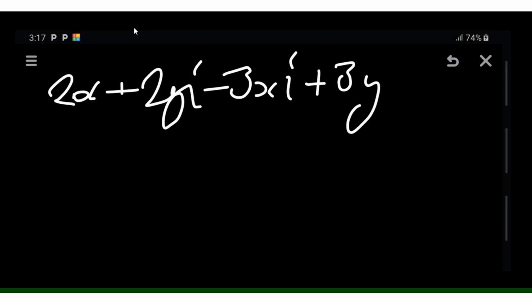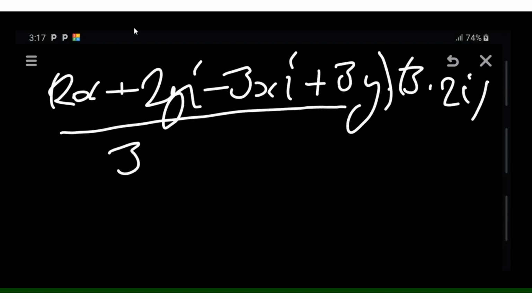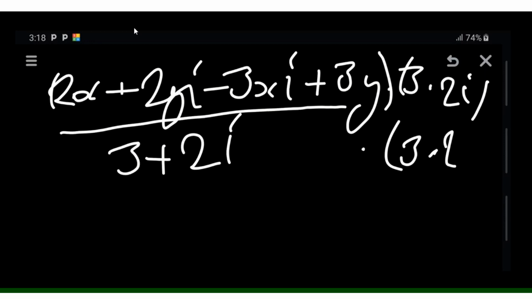So I'm multiplying it by 3 plus 2i. And what is down here, 3 plus 2i, I'm also multiplying it by 3 minus 2i. Same things. So when we multiply there, you're having a long equation.